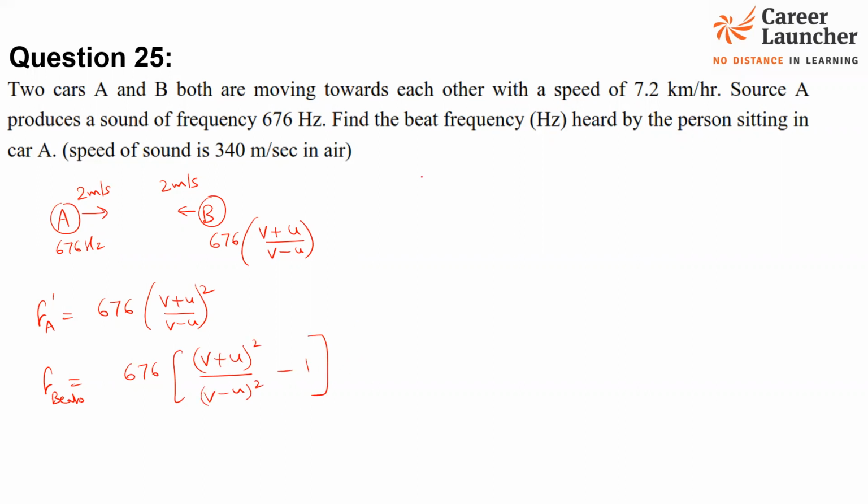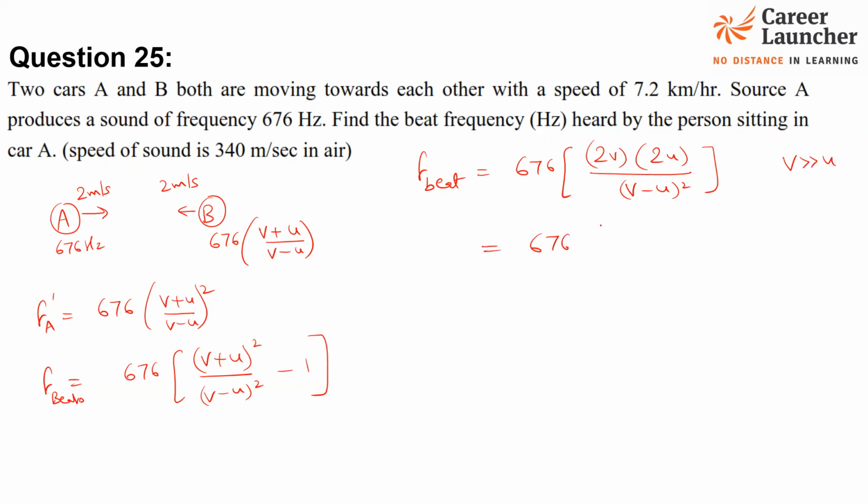So if you solve this, what we are going to get is 676 into A square minus B square. So A plus B into A minus B upon V minus U the whole square. Now, since V is much greater than U, I can say the denominator is V square only.